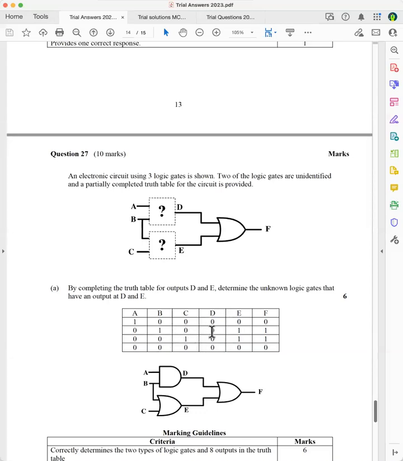So that's got to be an AND. But let's have a look at this here. So you've got an output at E there, and you've got an input at B, so that's got to be an OR. So that's an AND and that's an OR.